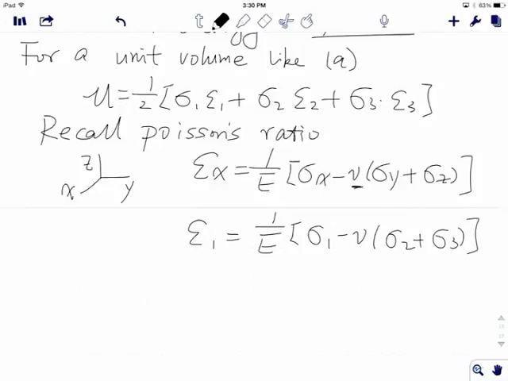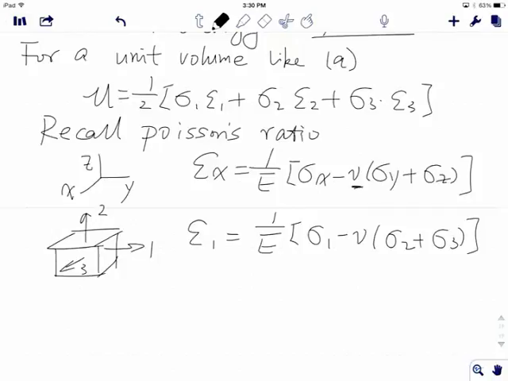Okay, so if you have 1, 2, and 3, this is what it looks like. You have 1, 2, and 3 stress. So the strain in one direction is a function of the stress applied in one direction, and also, of course, the stress applied in 2 and 3. The reason why this is negative is because when you have positive 2-direction stress, it's going to cause negative strain in the one direction because it makes it thinner.